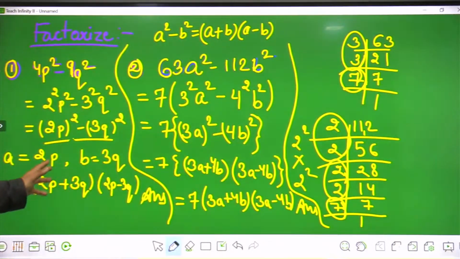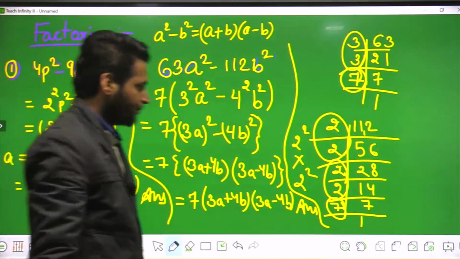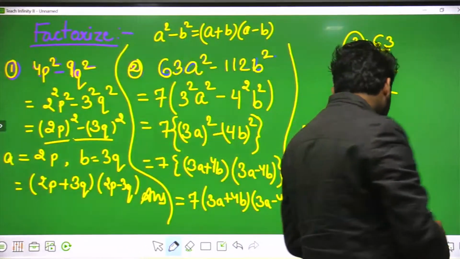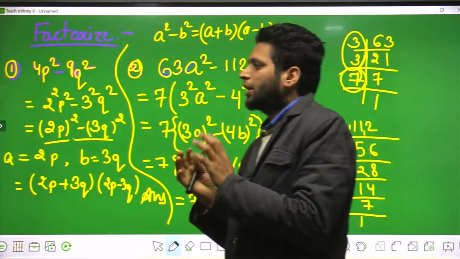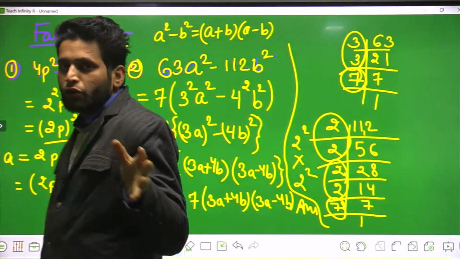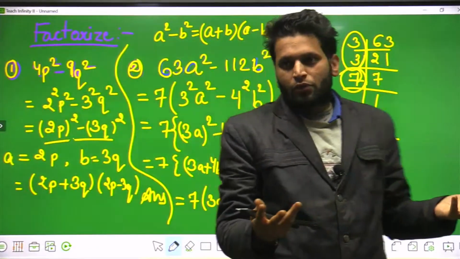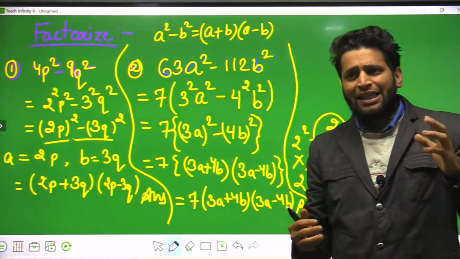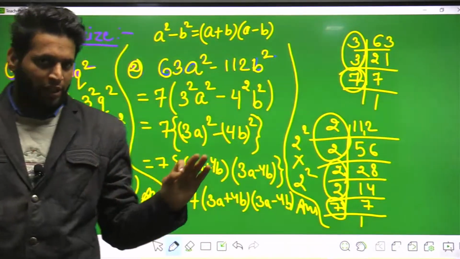That is a part of the solution of this question. I hope you all understood how, when we are given a question in any form, we can apply the algebraic identity.